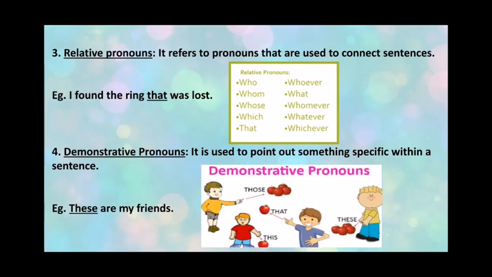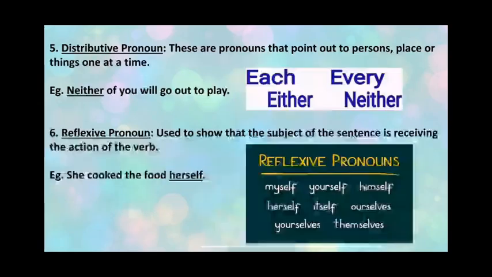Fifth one is the distributive pronoun. These are pronouns that point out persons, places, or things one at a time. Words like each, either, every, neither are distributive pronouns.